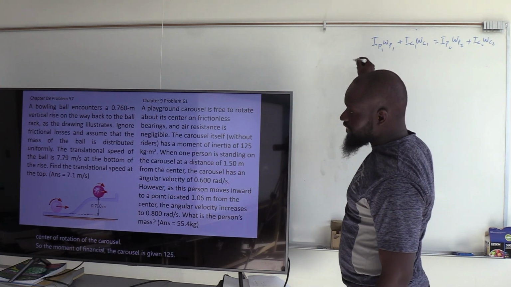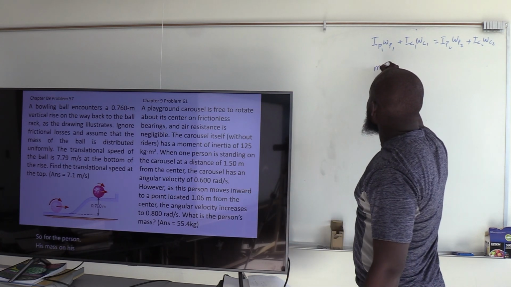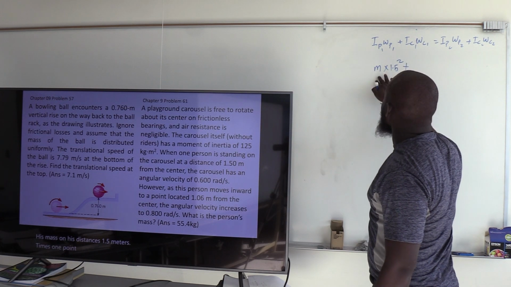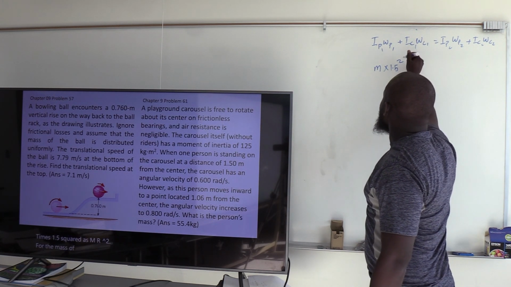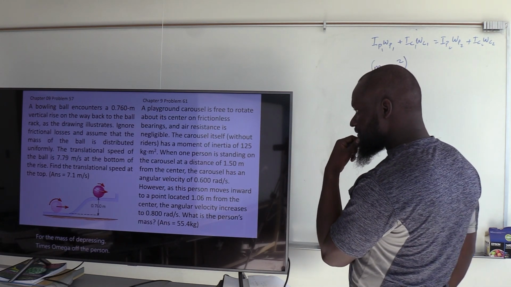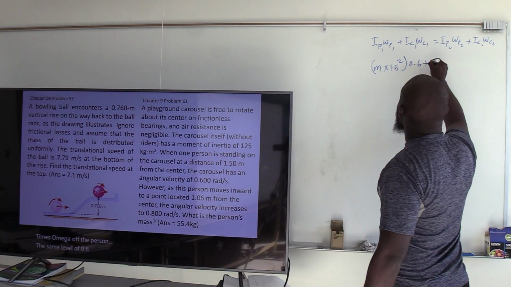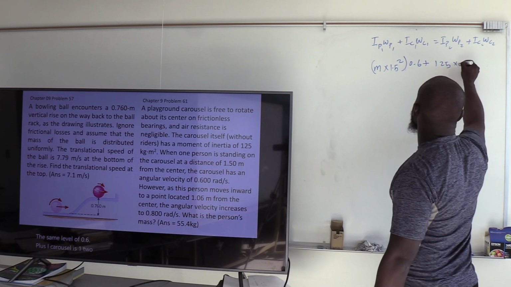For the person, the distance is 1.5 meters, so it's m times 1.5 squared times the person's angular velocity, the same 0.6, plus I carousel, 125 times the same 0.6.